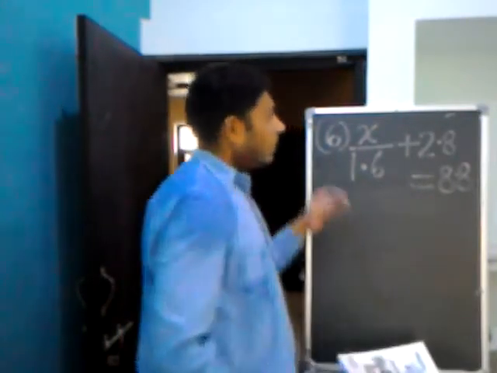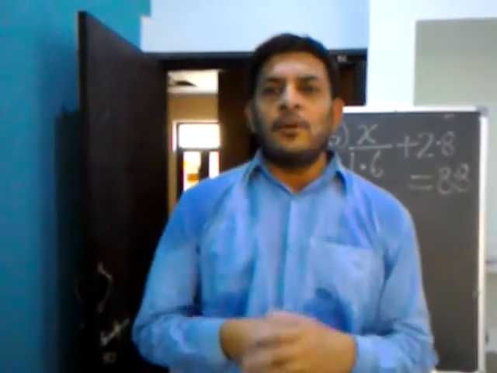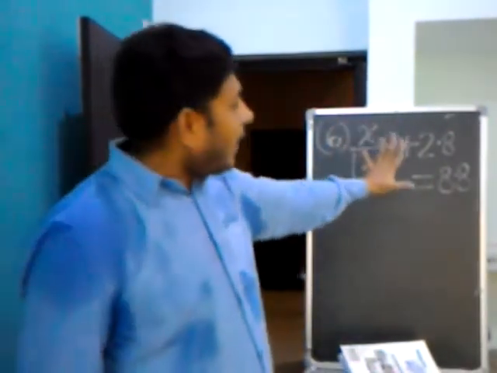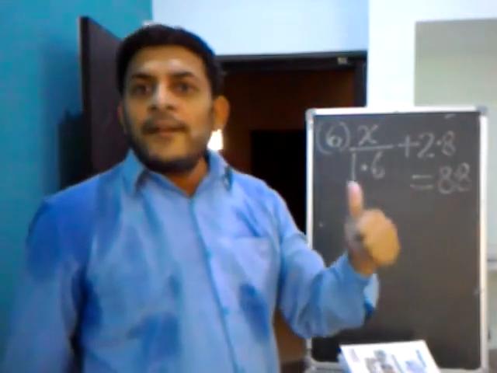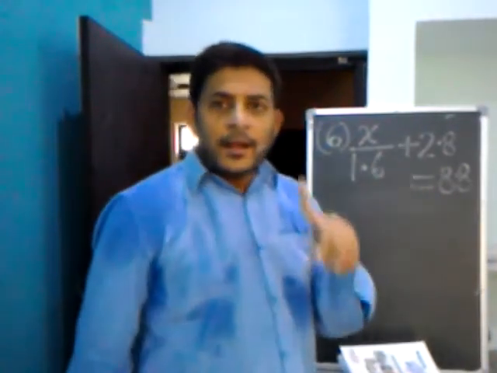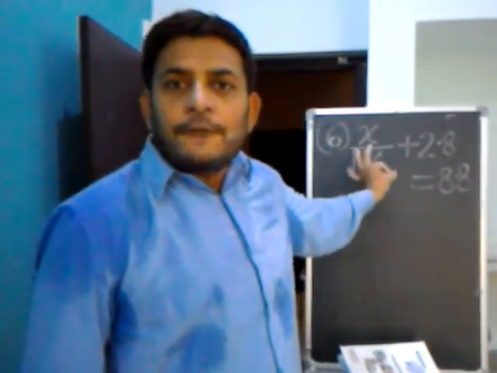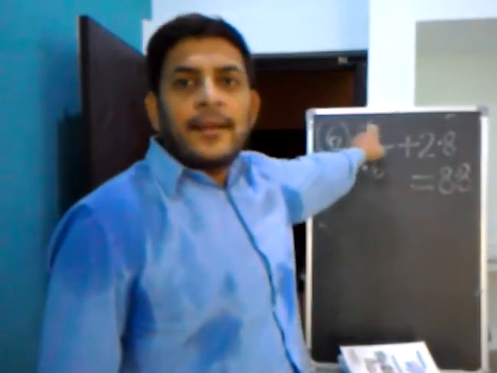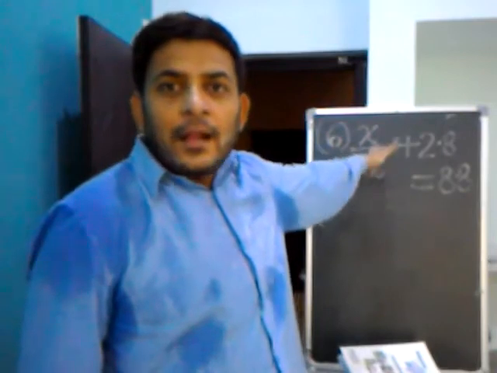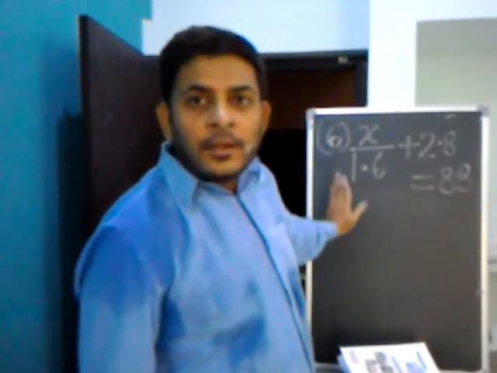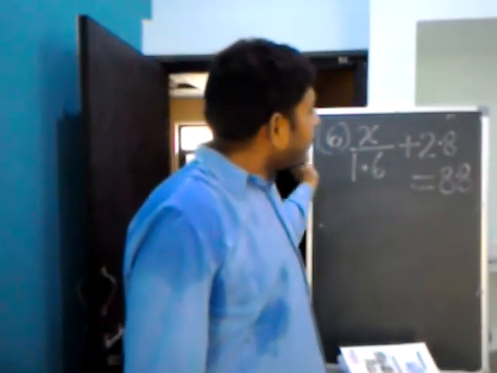Now, in order to find the value of x, what do I need to do? I have to keep only the variable part. I repeat, in order to find out the value of the variable part, that is the algebraic part, that is x, I have to keep only this part on the left hand side and the rest of the things will go to the right hand side.